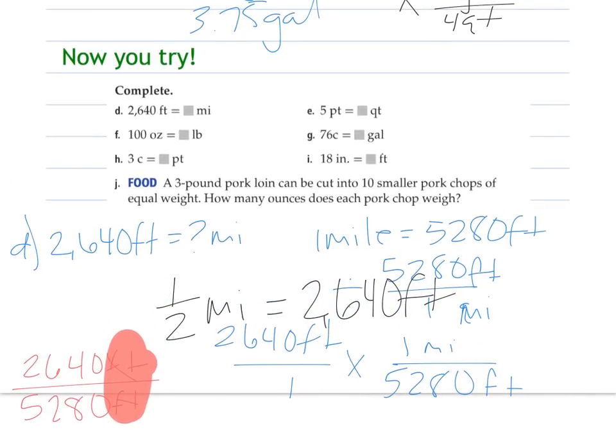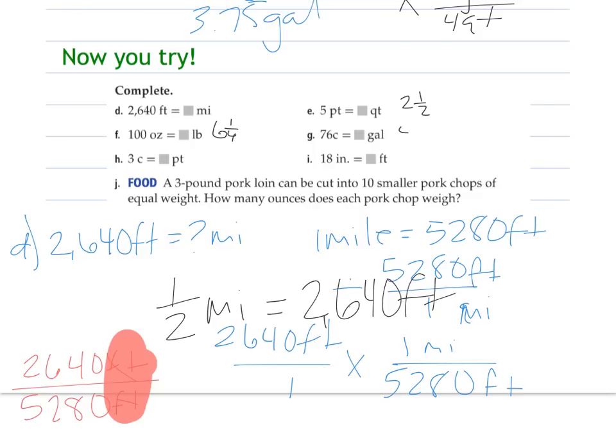All right, I'm going to put some of these up here and we can go over these ones in class since the board's getting a little bit messy. So you'd set them up. So 5 pints is how many quarts? So that is going to end up to be 2 1/2. For F, it's going to be 6 1/4 pounds.